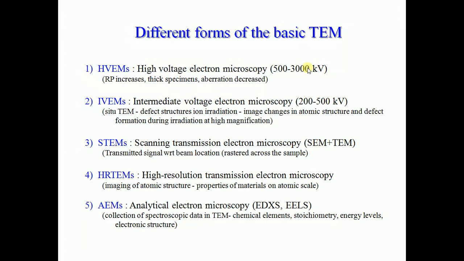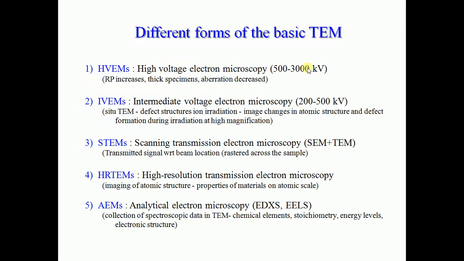We have the intermediate voltage electron microscope as well, where the acceleration voltage is between 200 to 500 keV. These are used for in situ transmission electron microscopy, where we can irradiate the material in situ and see the effect of irradiation on the material and the changes in the images at the atomic structure level, defect structure formation.